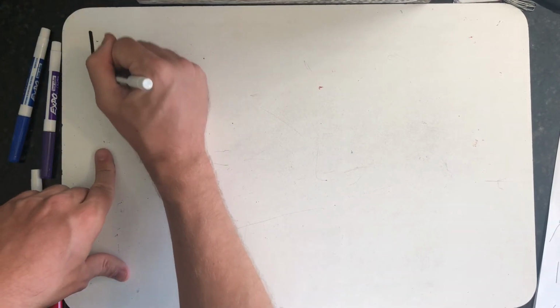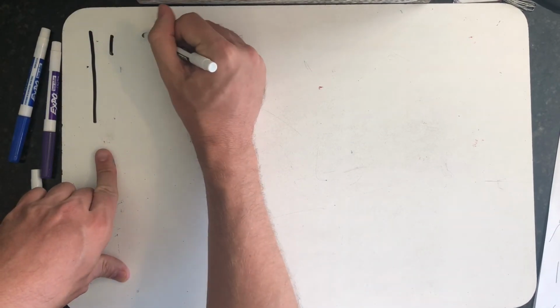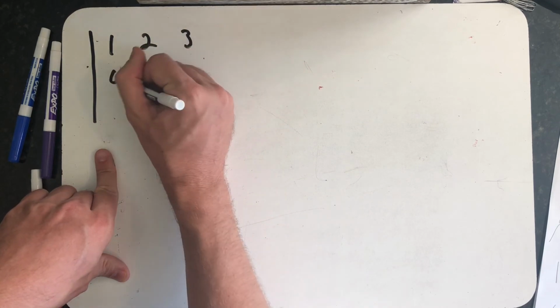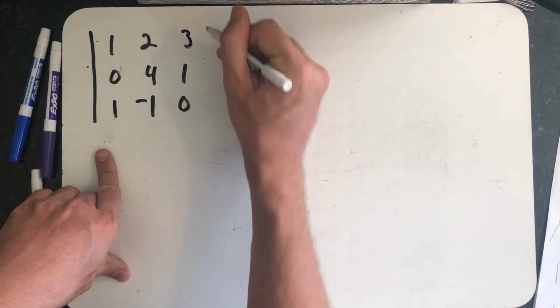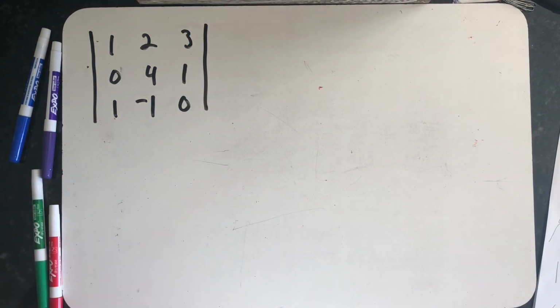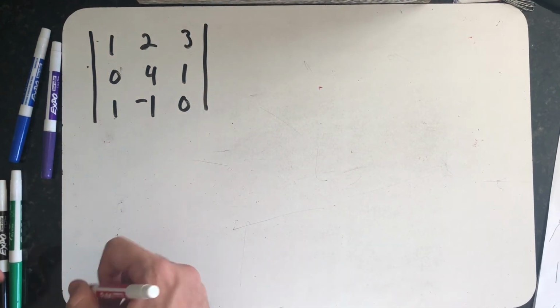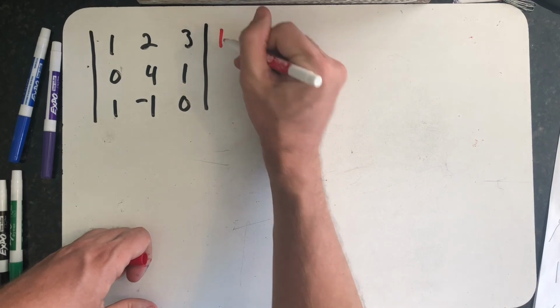Let's take the determinant of that 3 by 3 one more time, but not by cofactor expansion, using another trick that only works for 3 by 3 matrices. And that trick is to write down the first two columns beside the matrix.